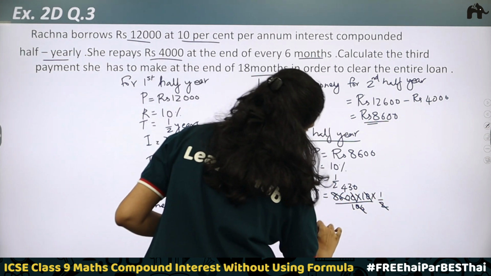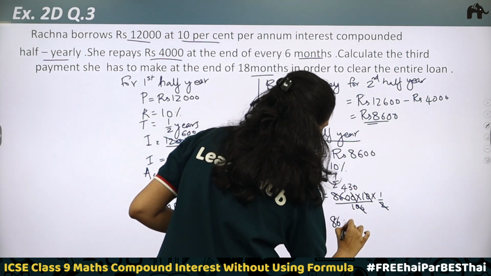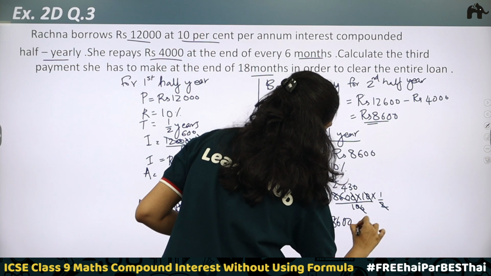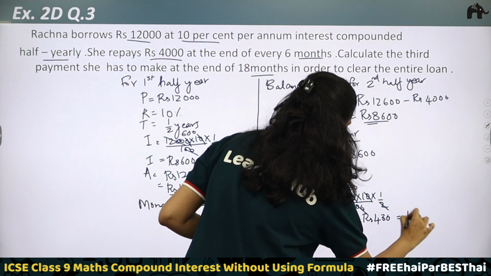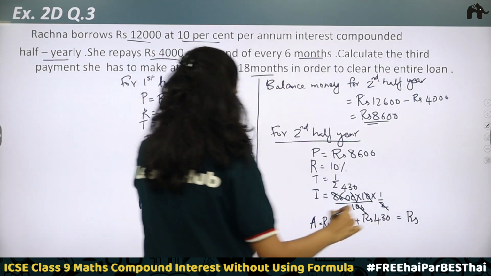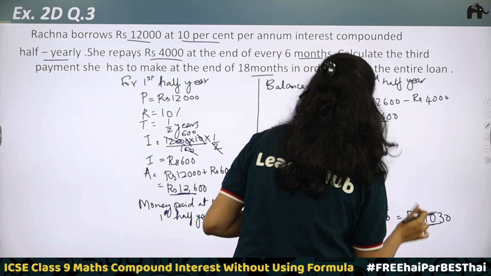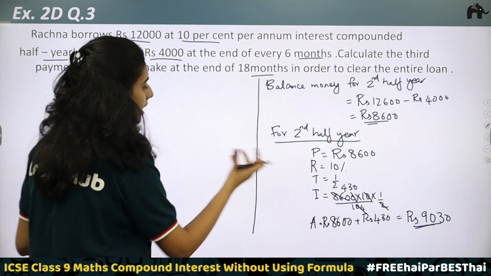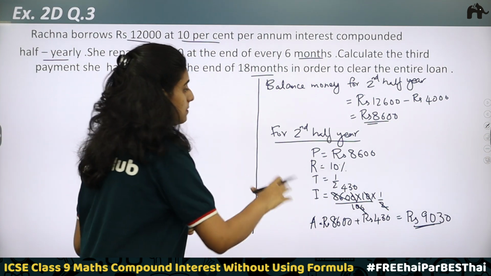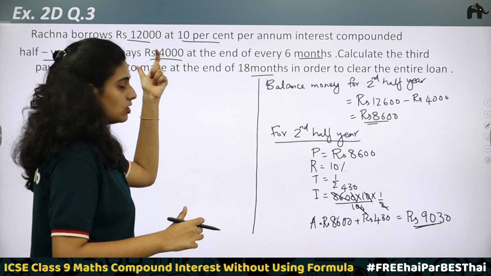Okay. Now, the amount will be principal plus interest, rupees 8,600 plus rupees 430, which is rupees 9,030. So, this rupees 9,030 is the amount at the end of second half year. So, again what is happening? She repays money of an amount of rupees 4,000. So, this is paid.